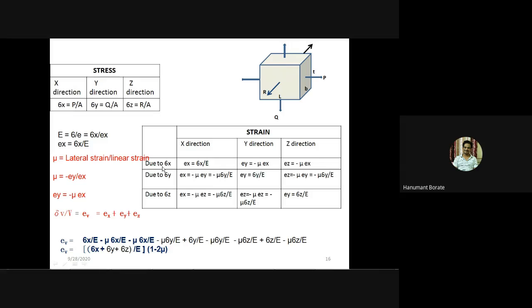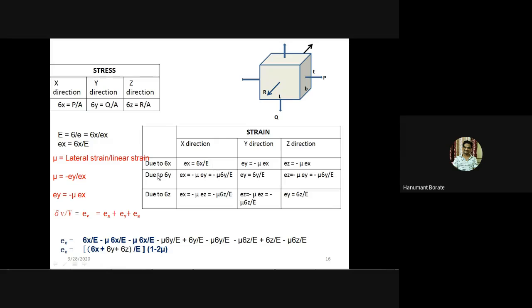Focus on only the X direction, due to this force P, or indirectly strain due to the stress in the X direction, that is sigma X, that is P by A. We know the formula for Young's modulus E equal to sigma by epsilon. So epsilon X, the strain in the X direction, equals sigma X by E.